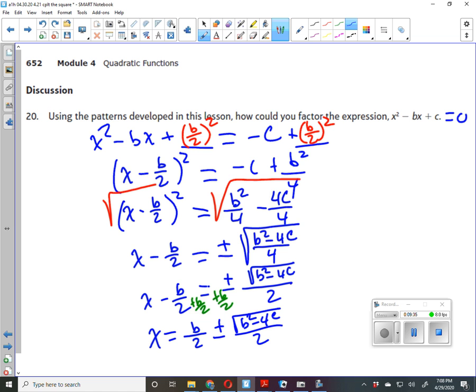Now this is kind of cool because ultimately this is a formula that we're going to use down the road, or one similar to it, to solve quadratics that don't have nice numbers. But I wanted you to see the process. You're not going to have to repeat this on a test, but it's getting to a point where we're going to use something close to that.